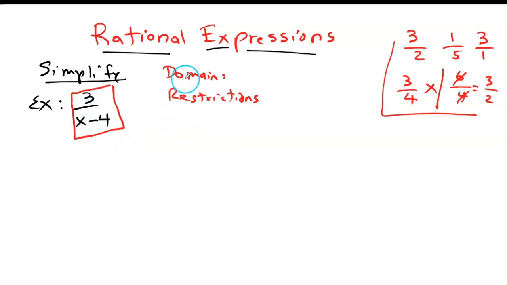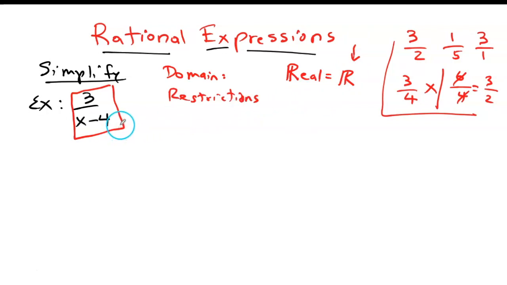The idea of the domain is what numbers are possible in this expression. What values of x can I plug in here so that my function is a real number? By the way, we're working with the real numbers, the set of real numbers, written with an R like that.